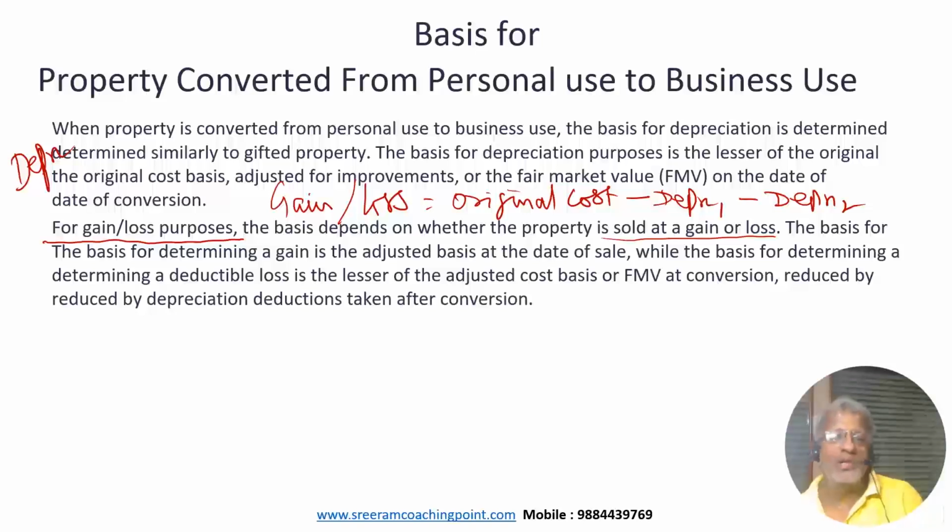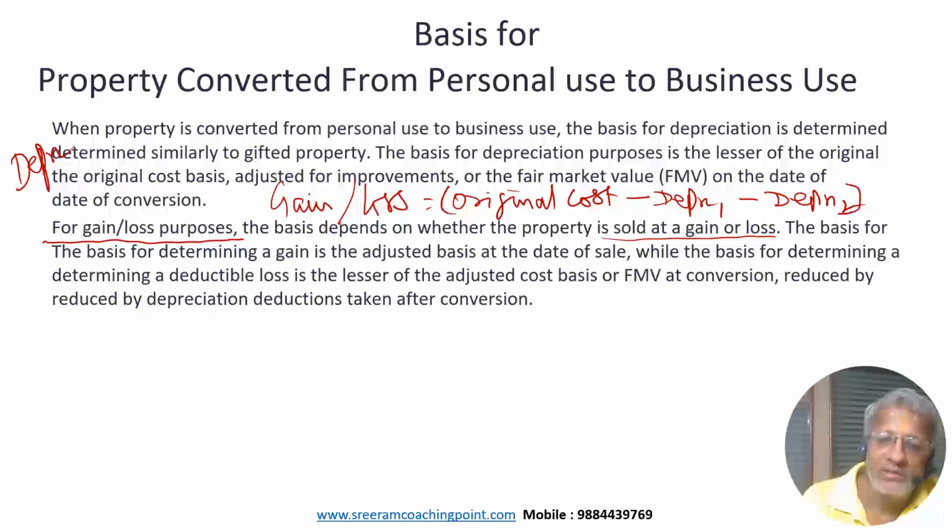This is post conversion depreciation. Once the personally used asset is taken up as a business asset, quite naturally there will always be another phase of charge of depreciation. So depreciation 2 is post conversion depreciation, and depreciation 1 is prior to that.